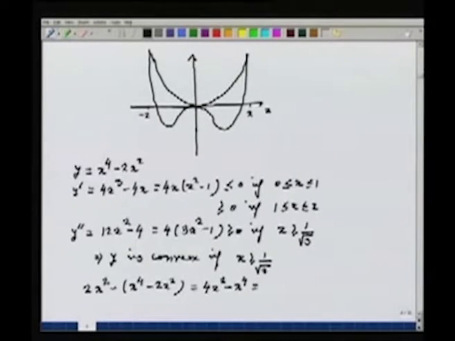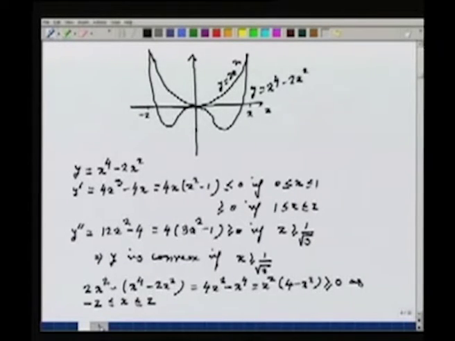Taking x square common, this is x square into 4 minus x square, which is certainly bigger than or equal to 0, as minus 2 less than or equal to x less than or equal to 2. That means the curve y equals 2x square lies above the curve y equals x to the power 4 minus 2x square.